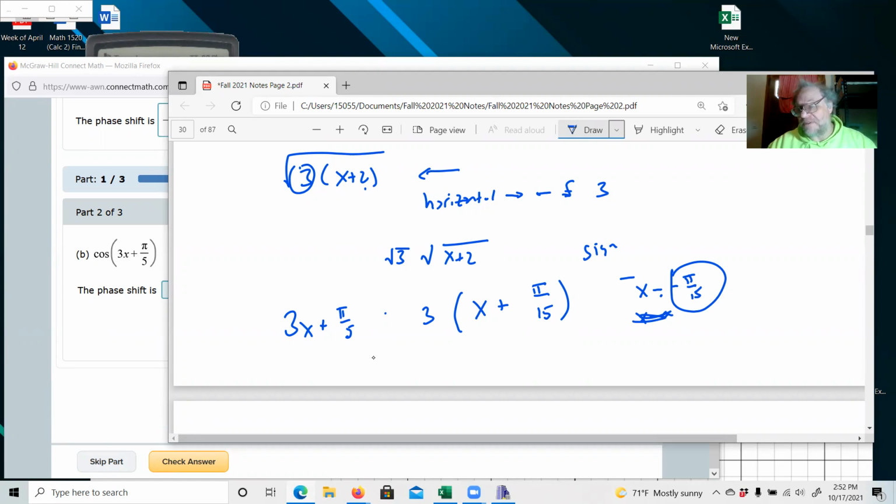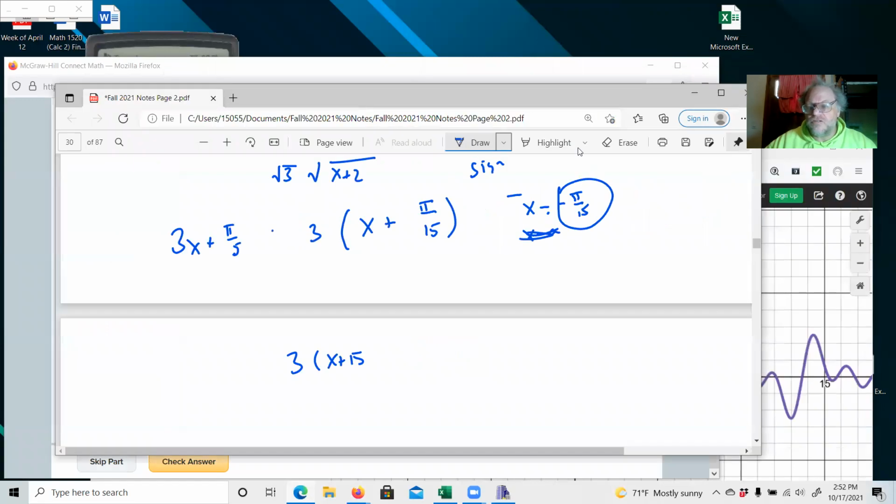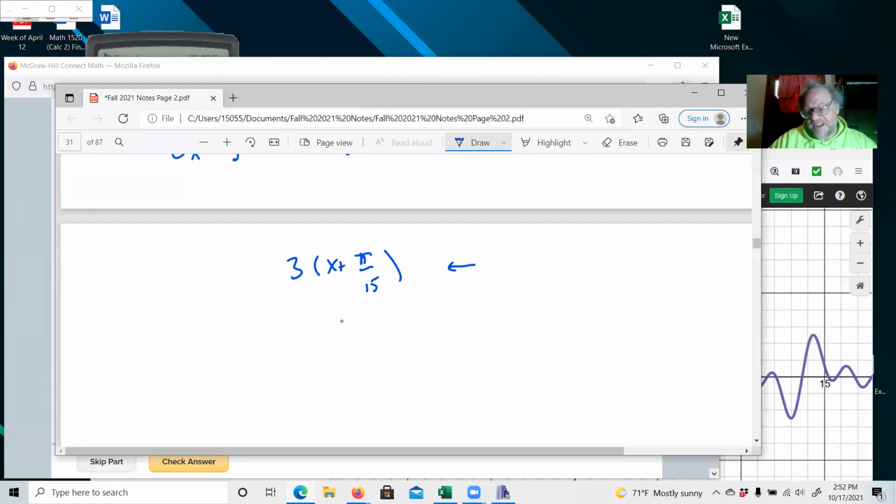So now it doesn't look opposite anymore, because we have x plus pi over 15, and we know that it's going to the left. If we write it this way, maybe it makes more sense that it goes to the left.